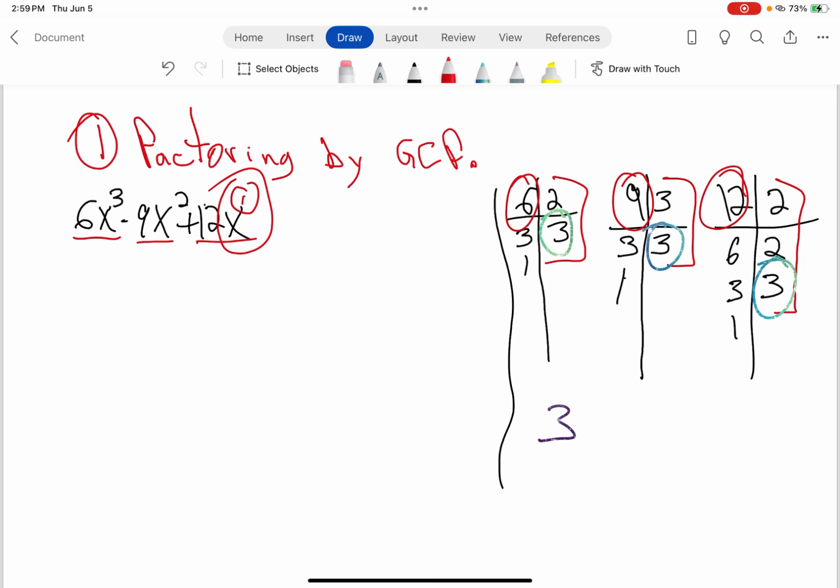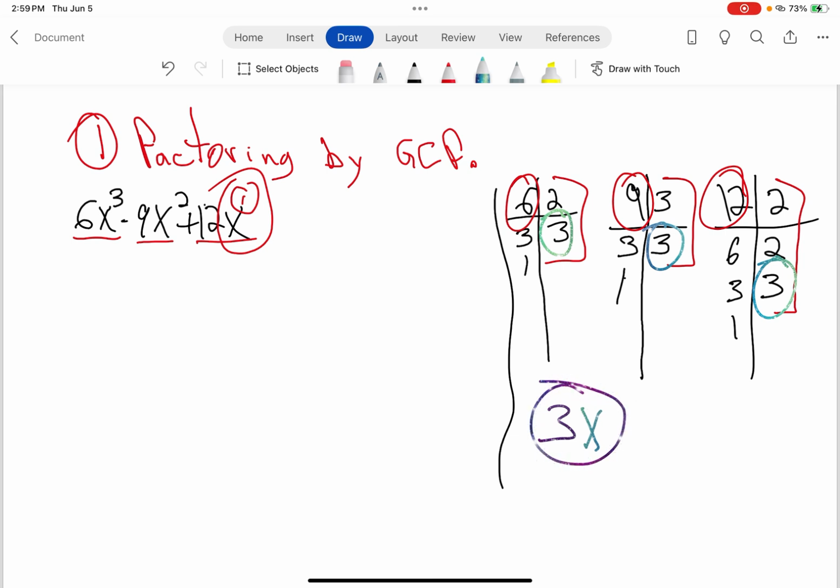So the greatest common factor, talking about number and variable, is 3x.